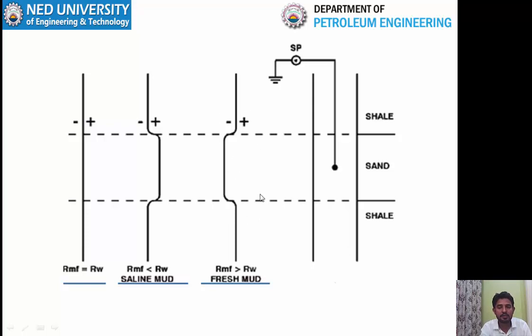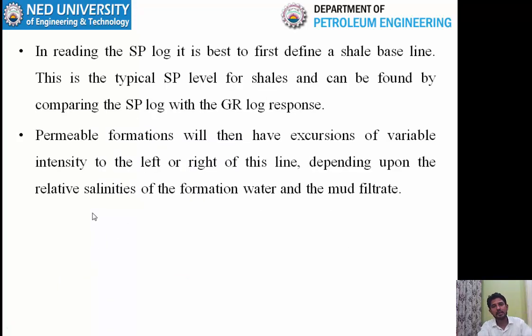So most of the time you will have the negative deflection, but you can have the positive deflection also, or no deflection at all. And remember, we have seen that basically SP log should be used in relative terms, and no absolute scale should be used. So that is why we make the baseline. So we will read the value of SP log from the baseline, that how much is the value of this zone against the baseline. We will be seeing this in the coming slide.